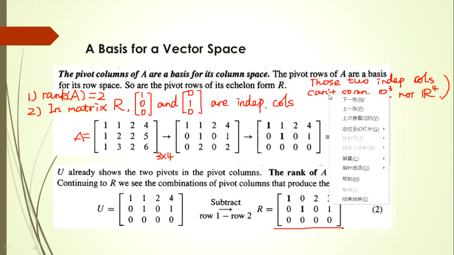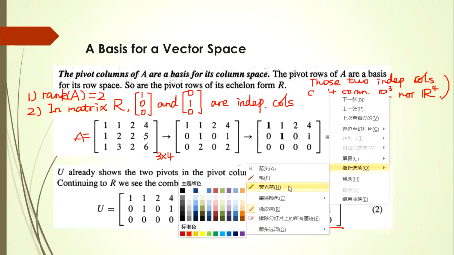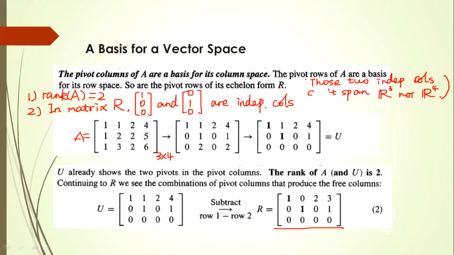Those 2 independent columns are the basis for the column space of matrix A, and the column space of matrix A is a subspace.